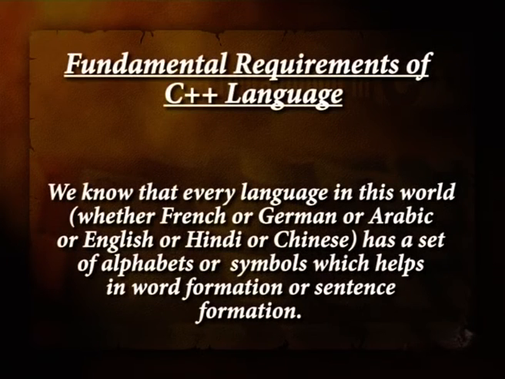We know that every language in this world, whether French or German or Arabic or English or Hindi or Chinese, has a set of alphabets or symbols which helps in word formation or sentence formation.